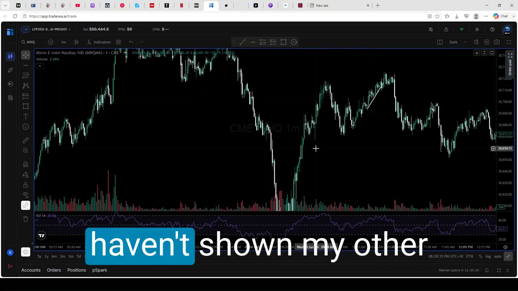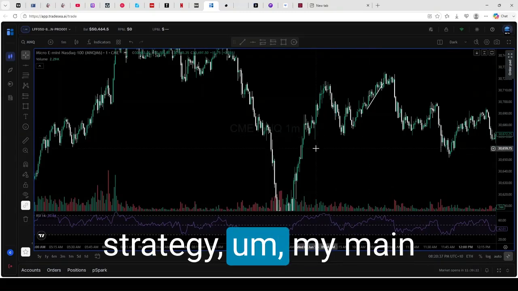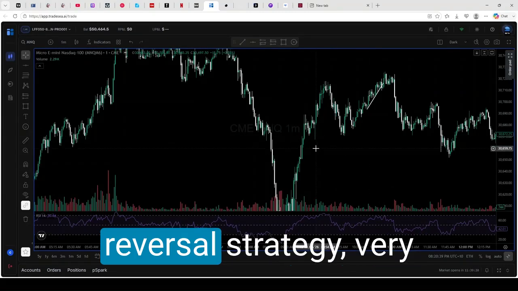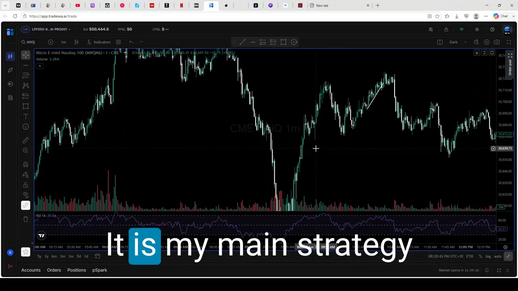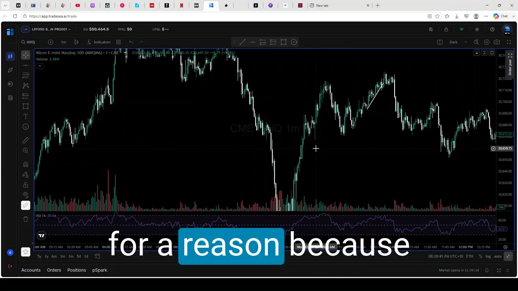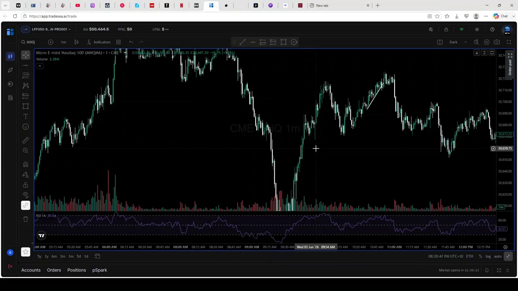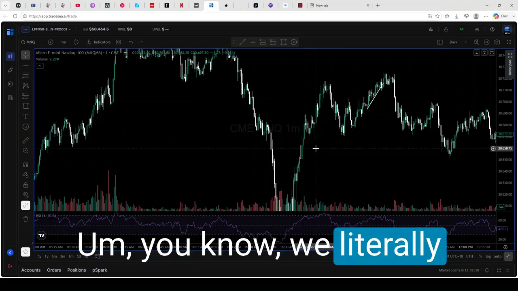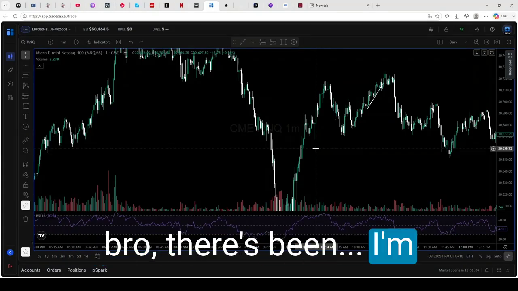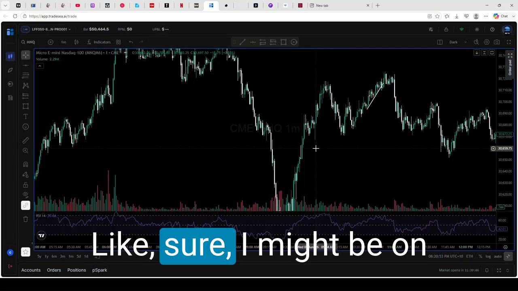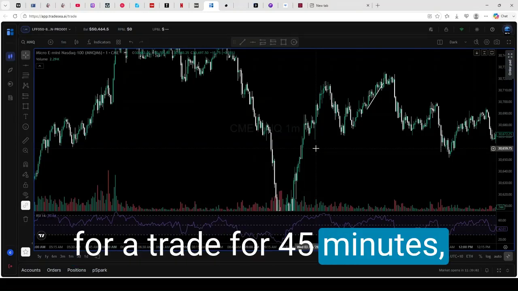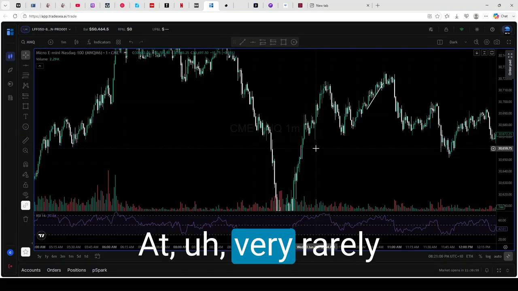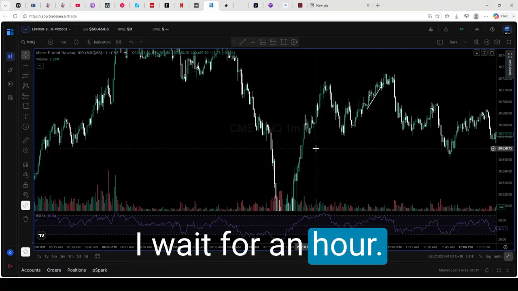And the reason I haven't shown my other strategy, my main reversal strategy, very similar, but it's not. It is my main strategy for a reason, because it is very good. With that strategy, bro, I'm usually not in the trade. Sure, I might be waiting for a trade for 45 minutes, very rarely an hour.